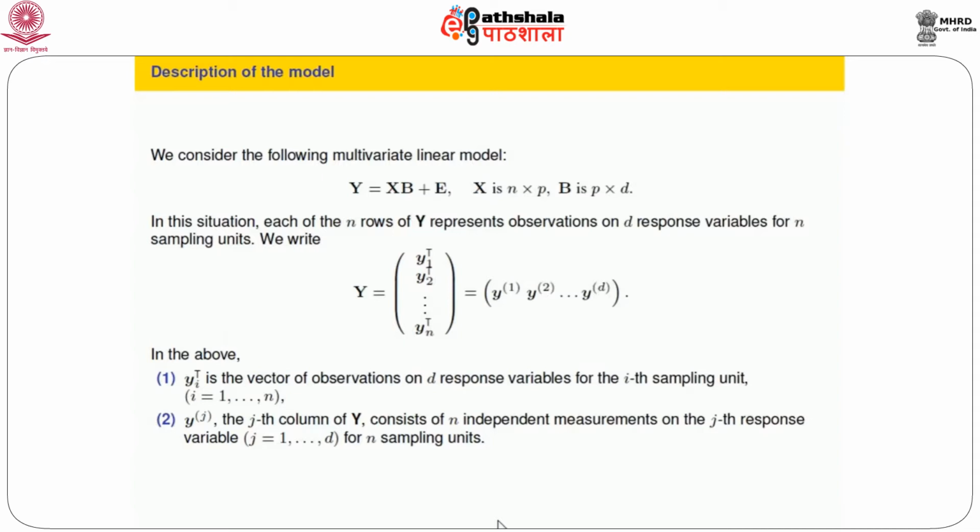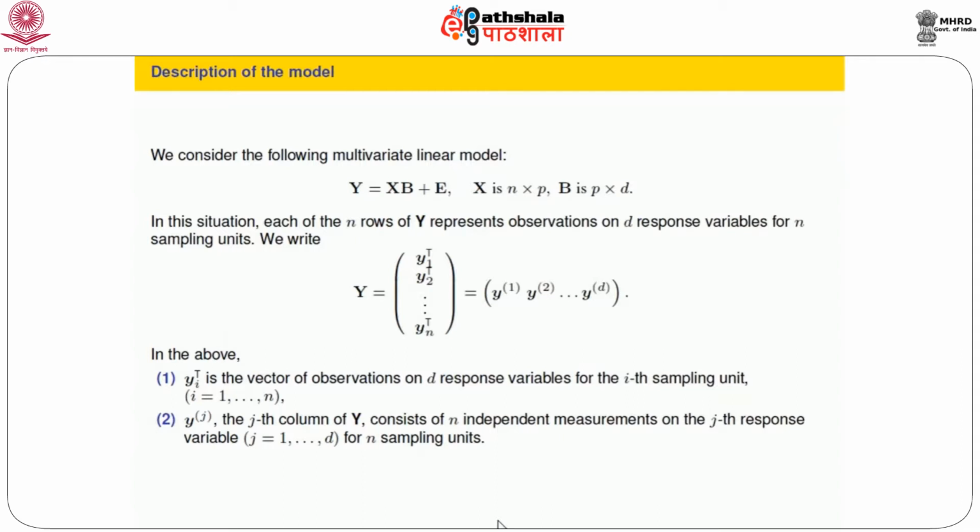So if we look at the columns now, and if we restrict attention only to the first column, we shall get n independent measurements on the first response variable for n sampling units. So if we go along the rows for a fixed column, we shall get n IID measurements on the corresponding response variable.